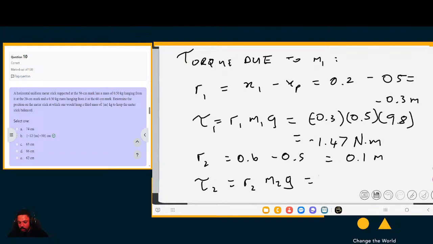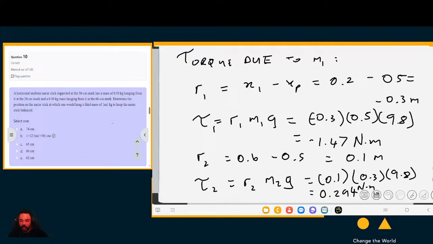The distance is 0.1 meter, the mass is 0.3, and then of course we have 9.8 meters per second squared, and that gives us a torque of 0.294 Newton meters. That is the torque generated by the second mass. So now we have two torques from the two masses.